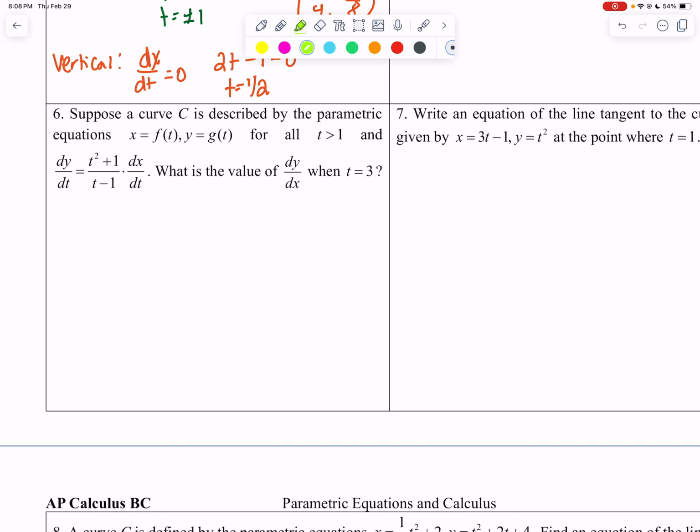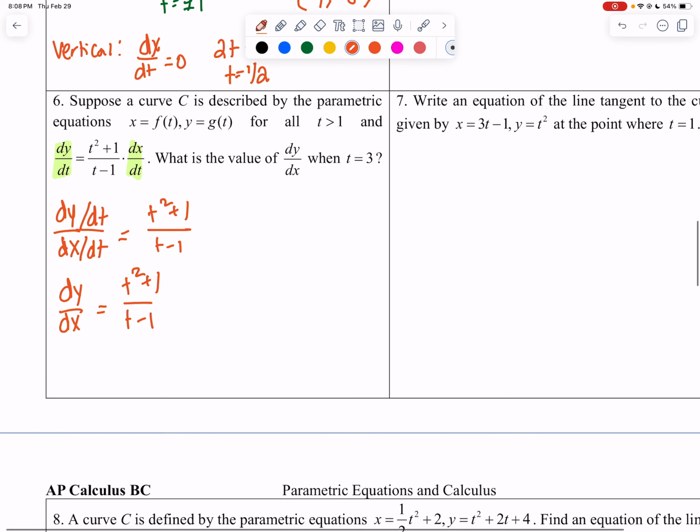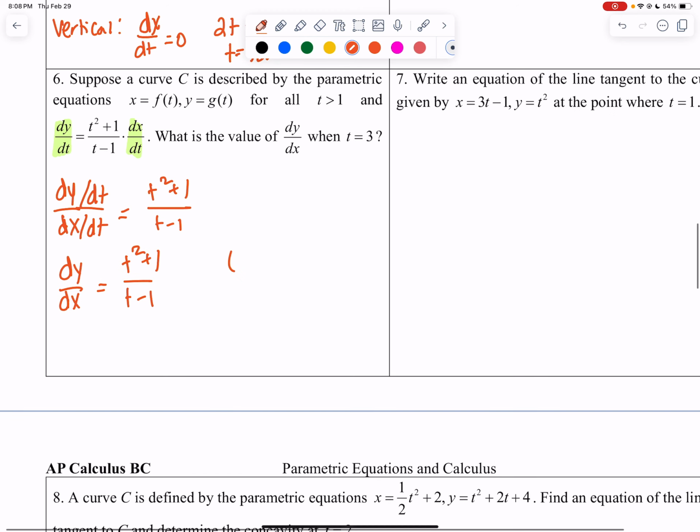Well, notice how you have the derivative of y with respect to t, and then you have the derivative of x with respect to t. I'm going to divide that, so dy/dt over dx/dt. And that right here just becomes, plot twist, dy/dx. And if I want to find the derivative of that when t is equal to 3, I'm just going to plug in 3 and call it a day.